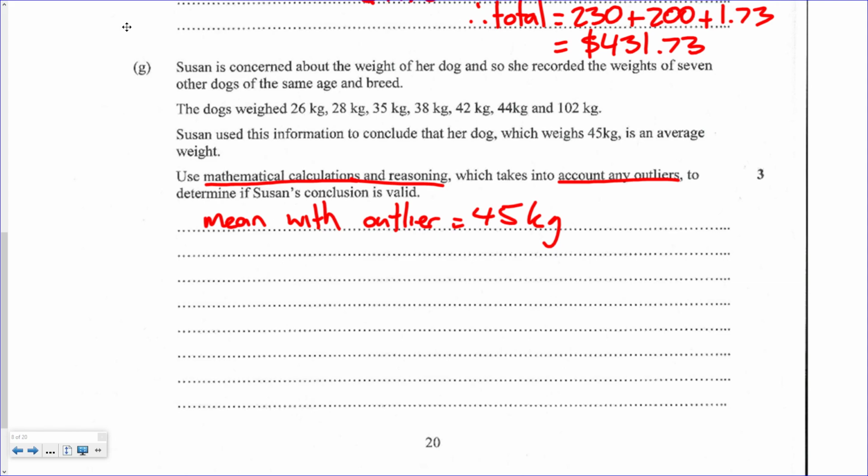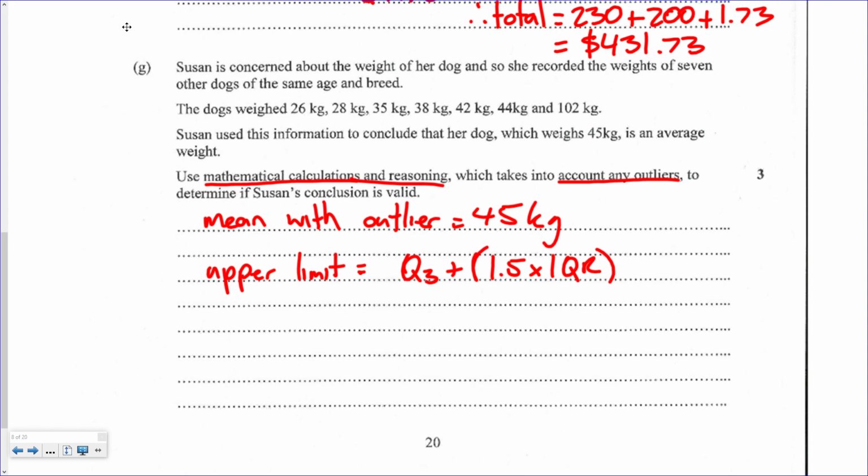So what we need to do to prove that this is an outlier, and seeing that we're only looking at the top, we need to only look at the upper outlier. So the upper limit, I'll just write the formula first. The upper limit equals the upper quartile, so Q3 plus 1.5 times the interquartile range. So let's just go find what those things are.